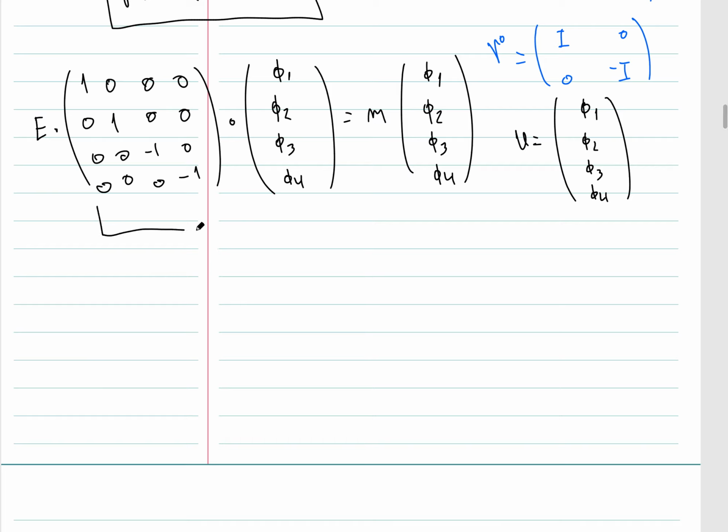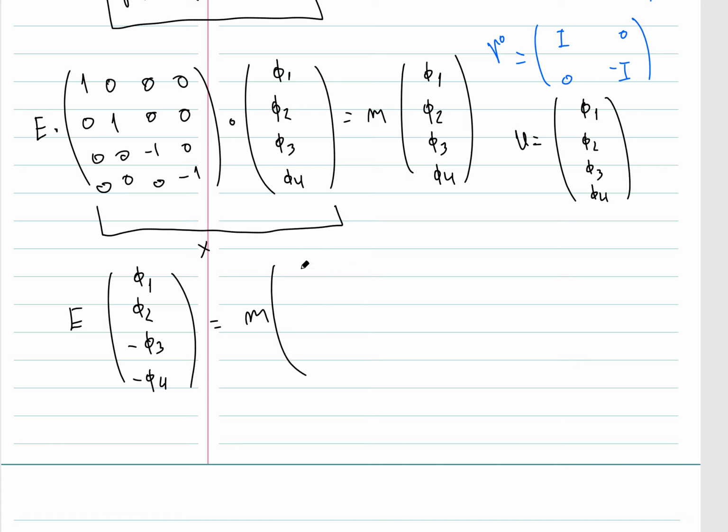If you multiply these two, this is just matrix multiplication, then you find phi 1, phi 2, minus phi 3 and minus phi 4, which is equal to the right hand side. Now gamma 0 is a diagonal matrix, so we can have 4 orthogonal solutions.